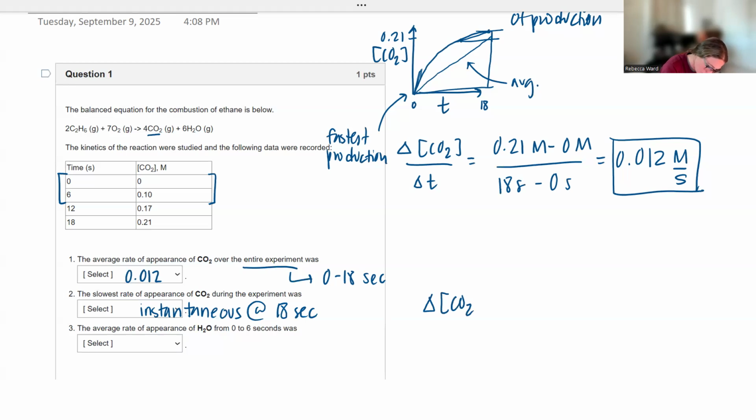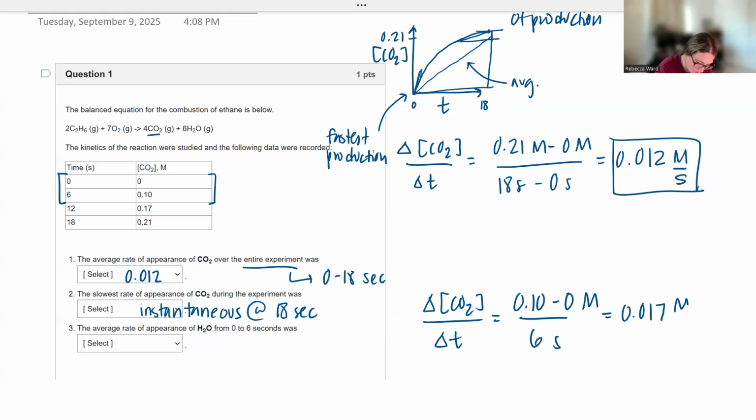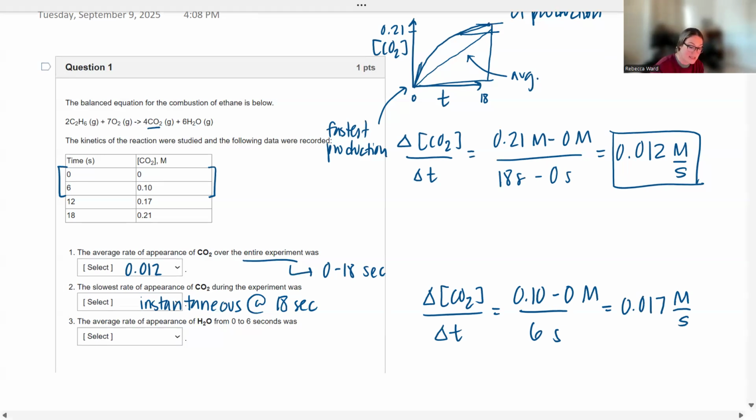Delta CO2 is going to be 0.10 minus 0, divided by 6. This is in molar, this is in seconds. So 0.1 divided by 6 is 0.017 molar per second in that same time frame.